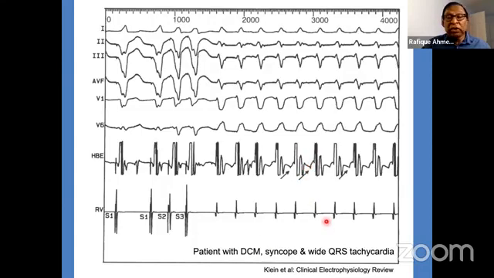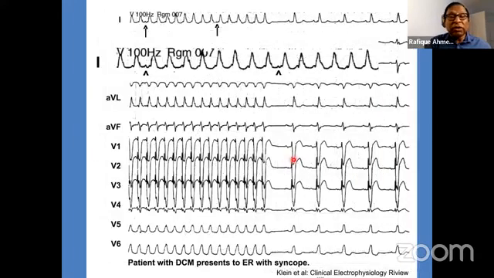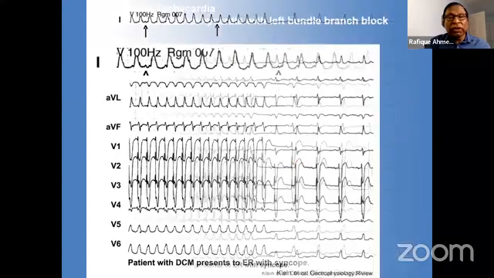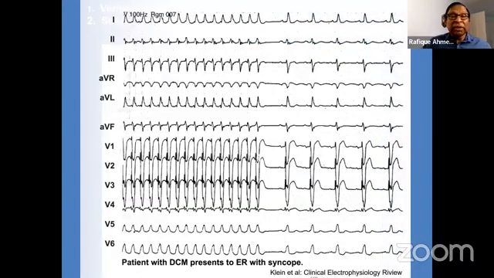Unfortunately, there is no atrial electrogram shown here, and I'm sure if it was shown, there would be AV dissociation. So what's the point of showing this? The history and context, and the morphology, wide QRS, but it was supraventricular tachycardia.